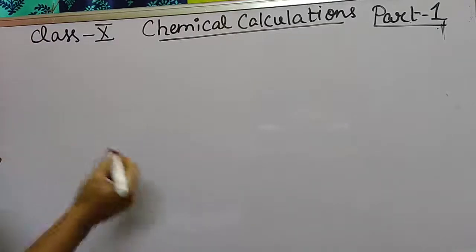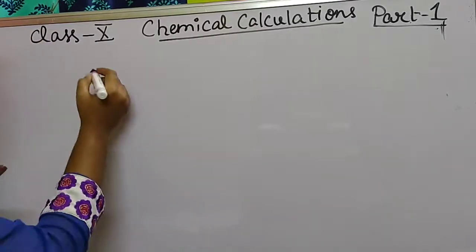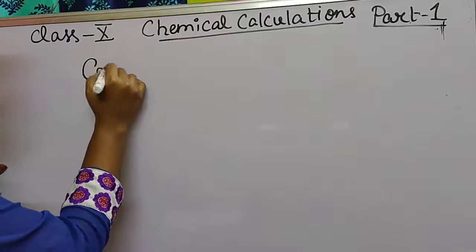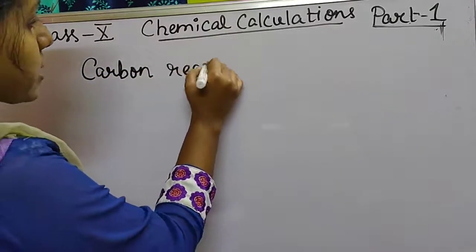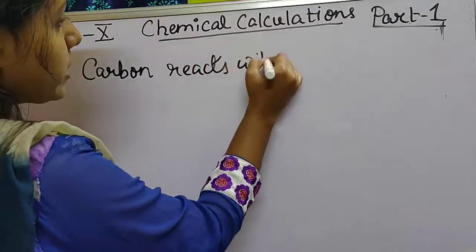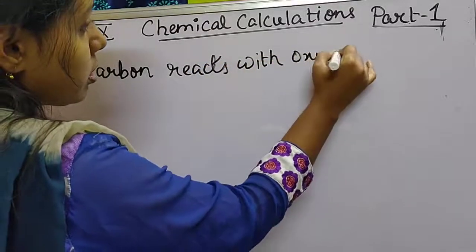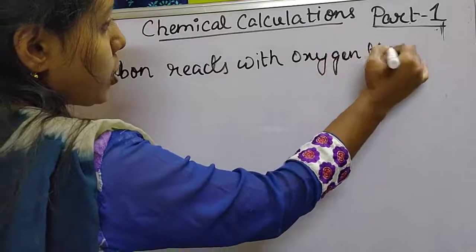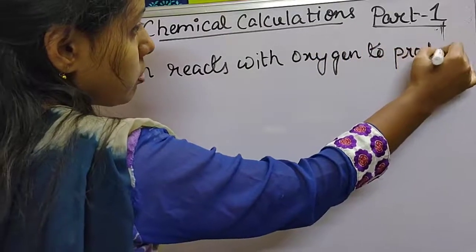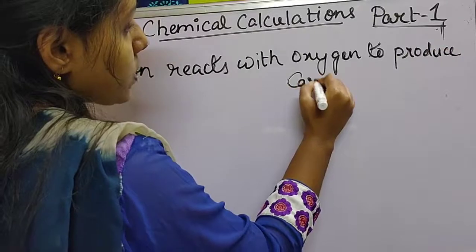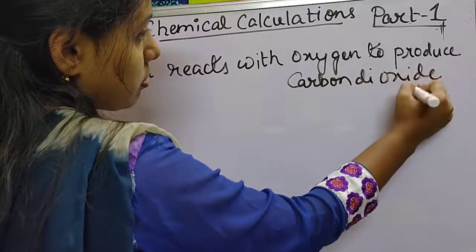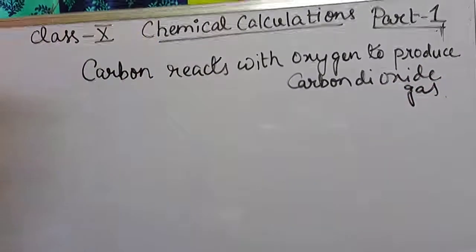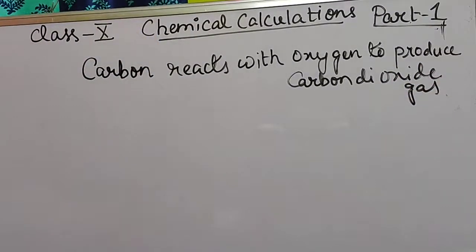Suppose I am writing here that carbon, that already you know, carbon reacts with oxygen to produce carbon dioxide gas. Okay, carbon reacts with oxygen to produce carbon dioxide gas.